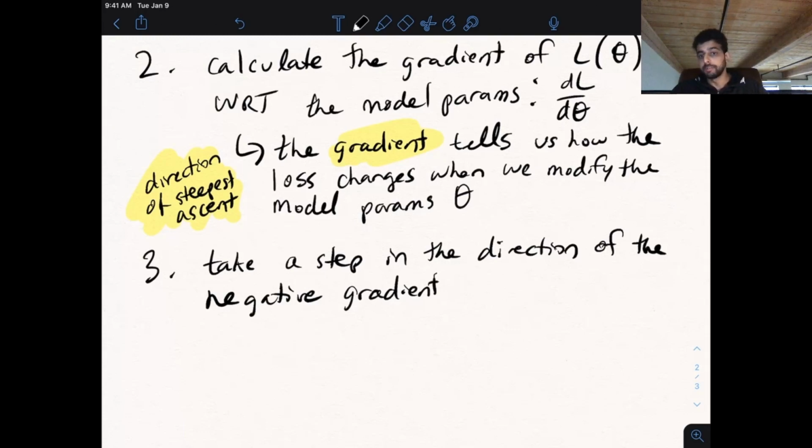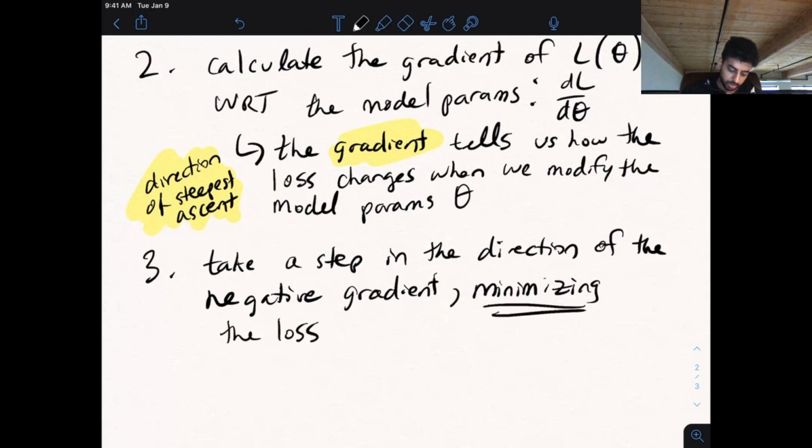So we want to actually minimize this loss function. So going in the direction of the negative gradient will take us in a direction that minimizes this loss function. So minimizing the loss.